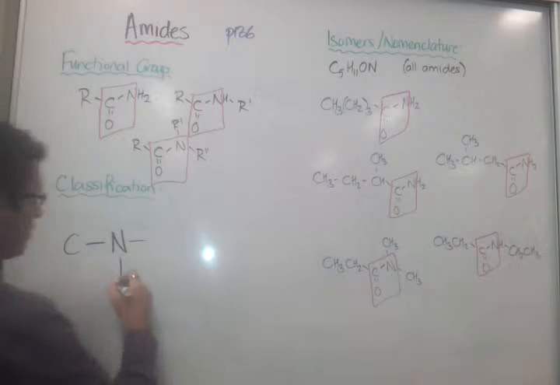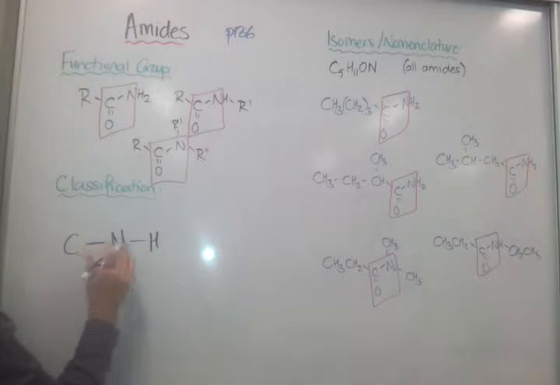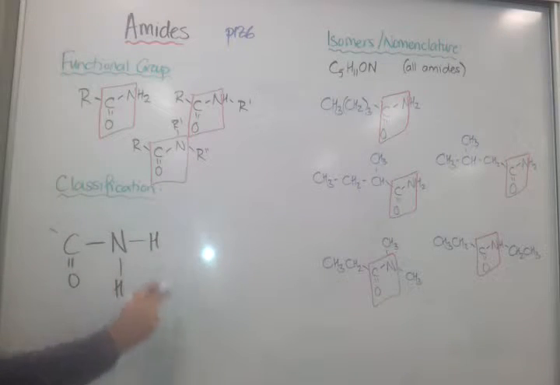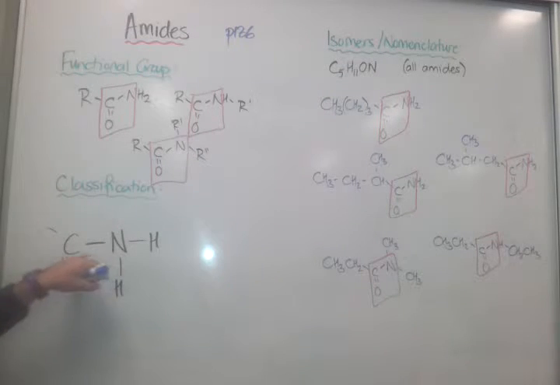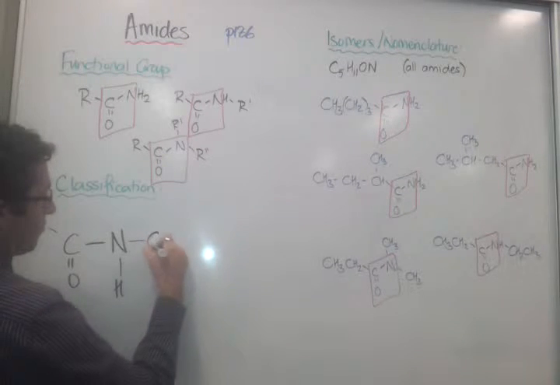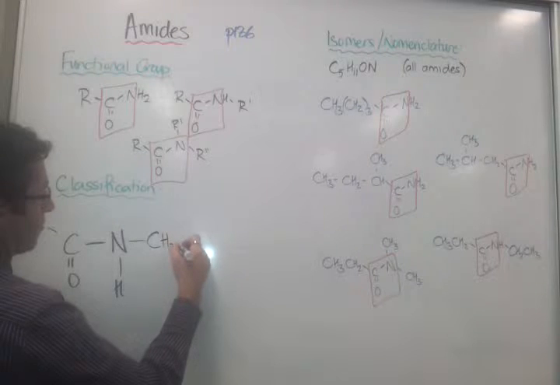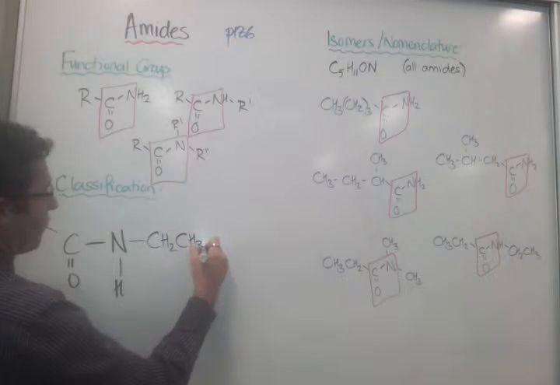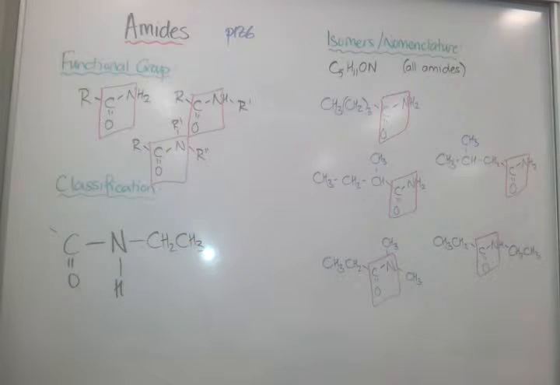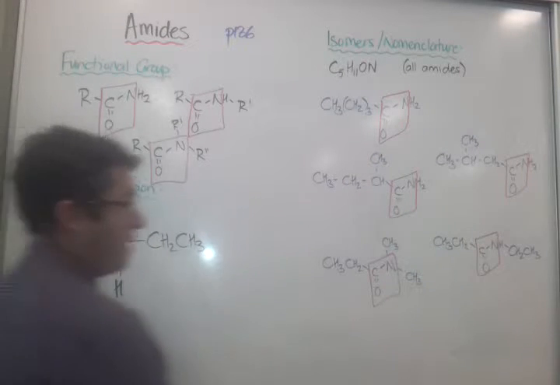So if these 2 are hydrogen, so if we've got this, where there's only 1 carbon bound, then it's going to be a primary. So this is just like your amines. If I've got a carbon chain here, for example like that, then I've got secondary and so on. So these ones are classified the same way as amines.